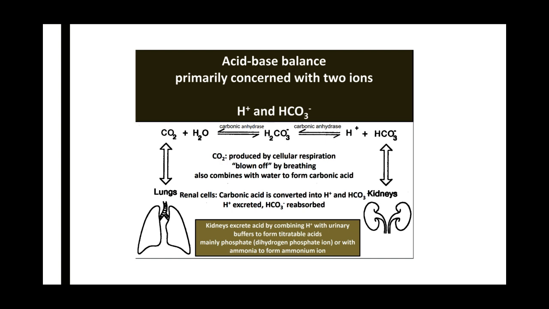Okay, so when you think acid base, think two ions. Acidity is primarily determined by hydrogen ion, and alkalinity, basicity, is determined mainly by the bicarb ion. And this bicarb buffer equation is going to play a role again.